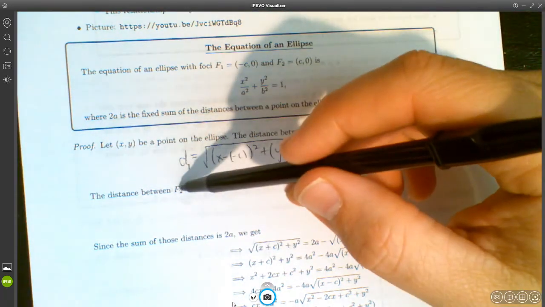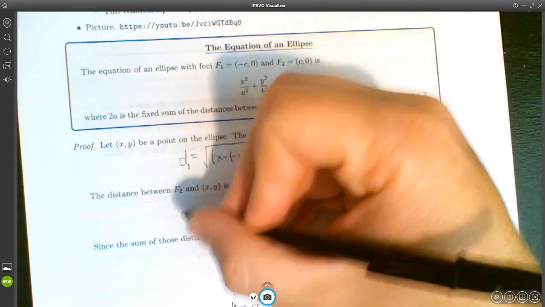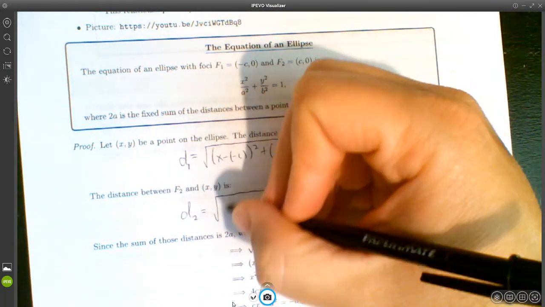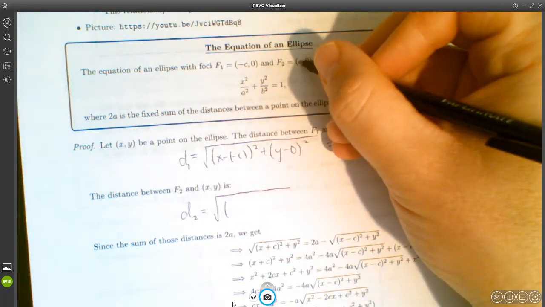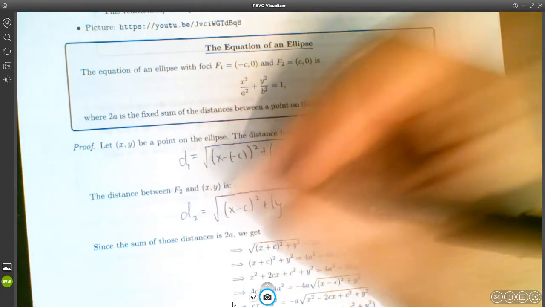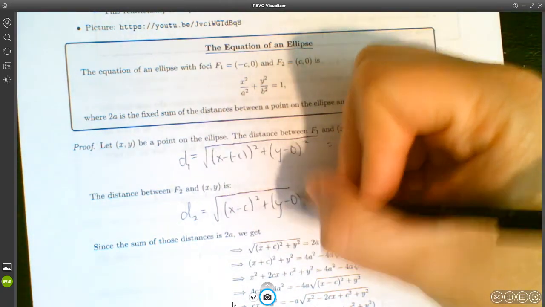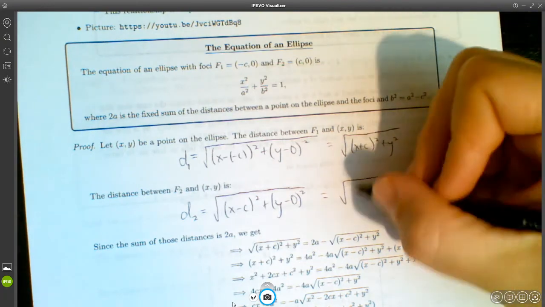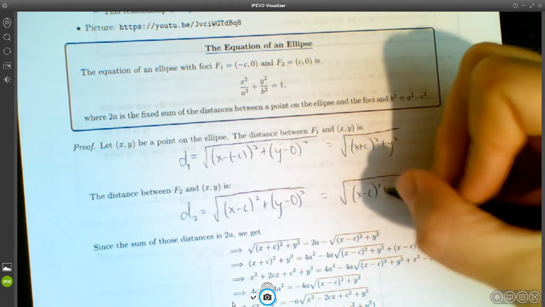The distance between f2 and (x, y), I'll call that d2. This is the square root of x minus c squared plus y minus 0 squared. In other words, the square root of x minus c squared plus y squared.